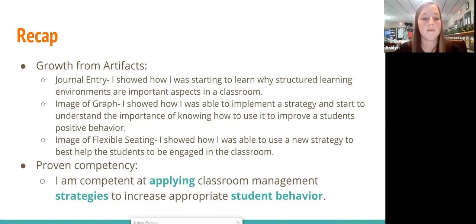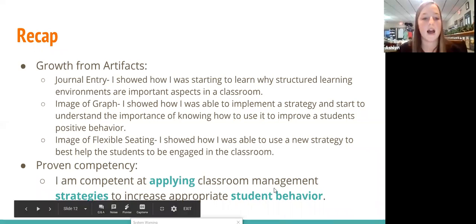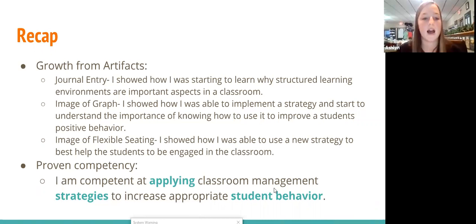And then my last artifact was the image of flexible seating, and I showed how I was able to use a new strategy to best help the students be engaged in the classroom. So by doing this, I was able to prove my competency that I'm competent in applying classroom management strategies to increase appropriate student behavior.